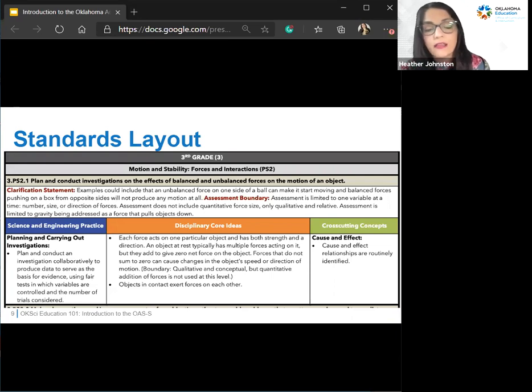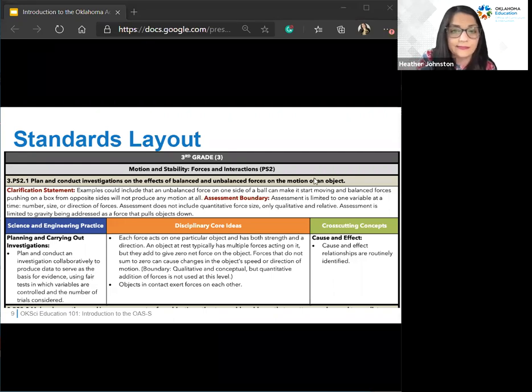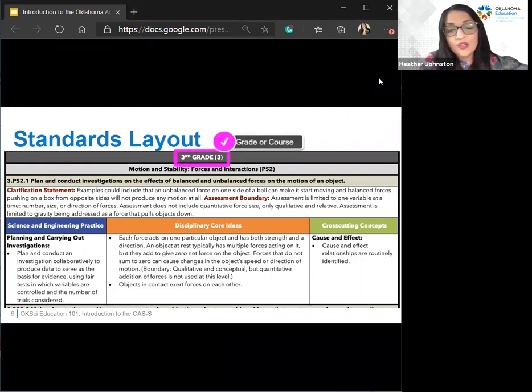So the first thing that I want to address is the standards layout. It is a little different than the 2014 standards. And if this is brand new to you, then this will also help as we break down each of the components that are here. So every single grade is laid out exactly the same.